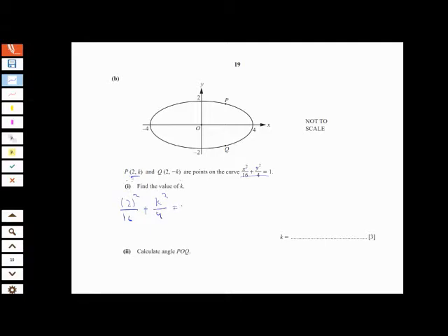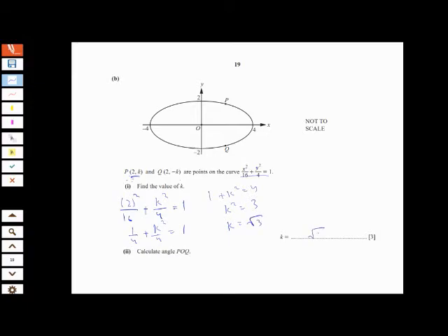Now 4 over 16 is basically 1 over 4, plus k square over 4 equals 1. Multiply all by 4 to get rid of the denominator, and you'll get 1 plus k square equals 4. Take 1 to the other side, it's going to be k square equals 3. Square root of k square equals square root of 3.